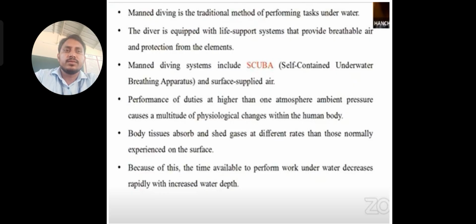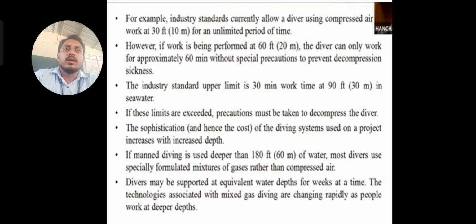And the performance of duty at pressure higher than 1 atmosphere means the ambient pressure causes multiple physiological changes within the human body. For example, by industrial standards, if the work is performed at 60 feet or 20 meters, the diver can only work approximately 60 minutes without special precautions.